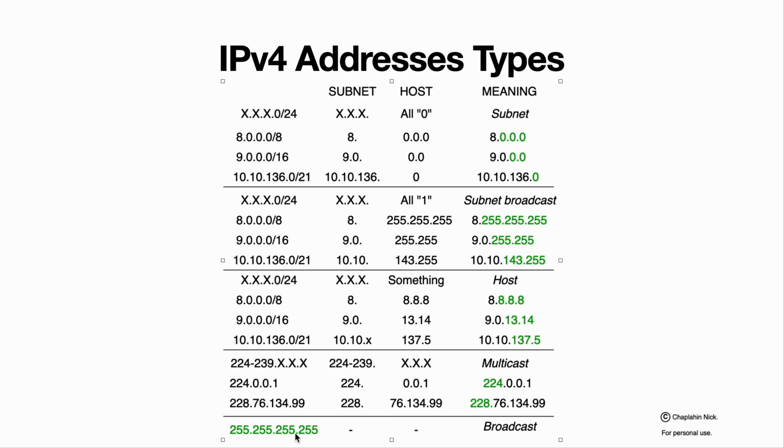And all 255, or all ones in binary representation, is a pretty specific broadcast address, the so-called broadcast in this network, rarely used. When you meet it, you will find this information. Again, it's pretty simple.